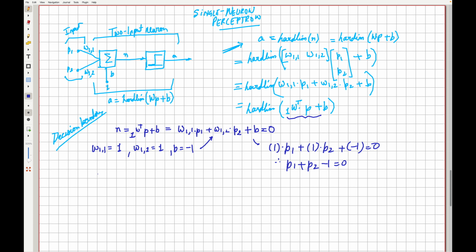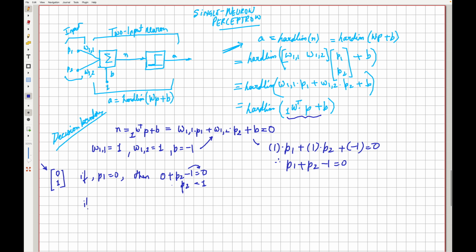And now what we can say is, if p1 is equal to 0, then p2 is equal to plus 1, right? How plus 1? Because this is going to be 0 plus p2 minus 1 is equal to 0, so we bring this to the other side, that becomes plus 1, and we get p2 is equal to 1. So this could be one of our points, which is 0, 1, that we can look at.